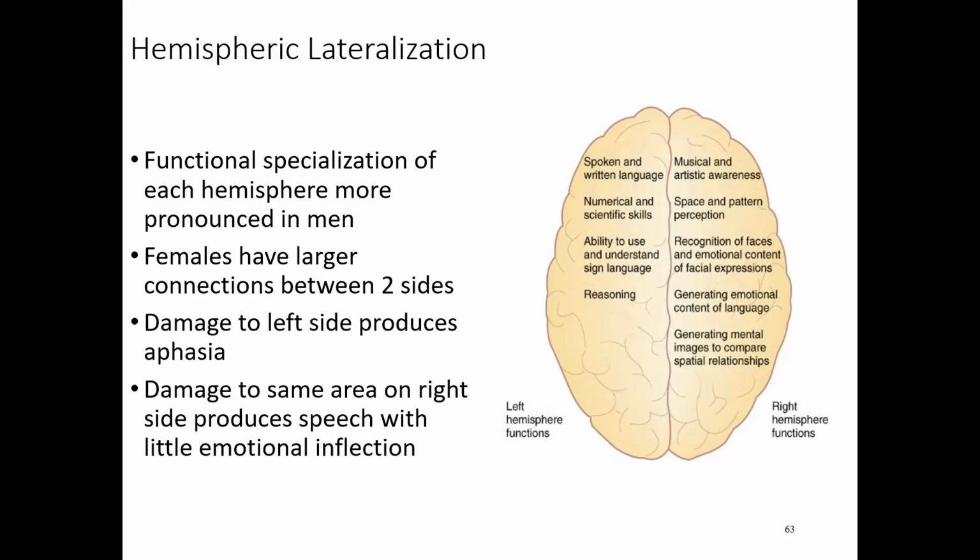Also our ability to recognize a musical pattern may be on the right-hand side. So while we have the specialized regions here, it doesn't mean that the sections of the brain don't communicate with each other, because the two hemispheres communicate not only within the hemispheres and with the spinal cord, but also from side to side.